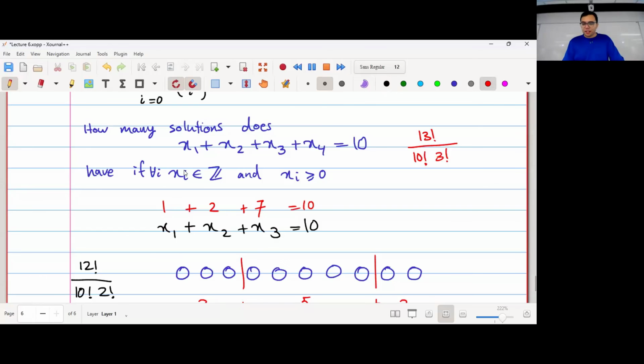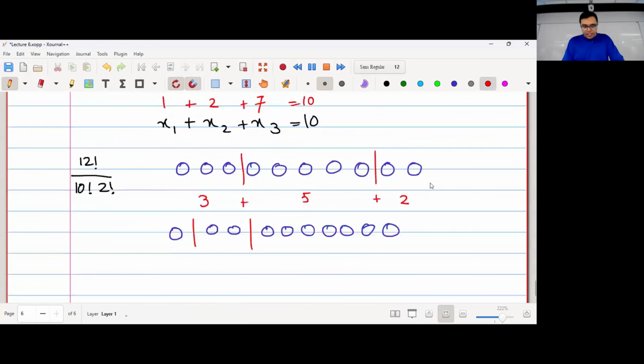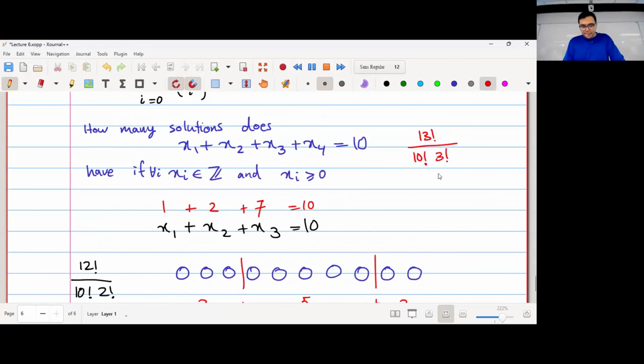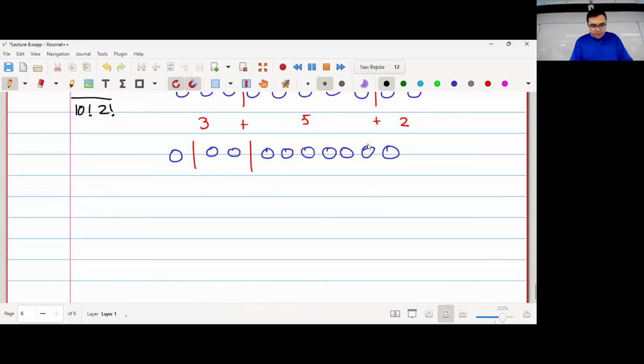Okay, so in general, if I have something like this, if I have x1 plus x2, so on, to xr is equal to n, and all of my xi's have to be greater than or equal to 0, then I need r minus 1 bars, right?